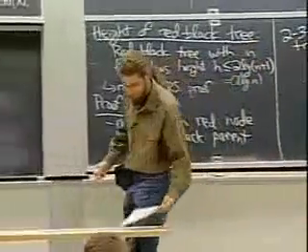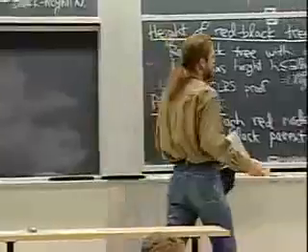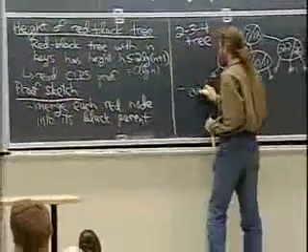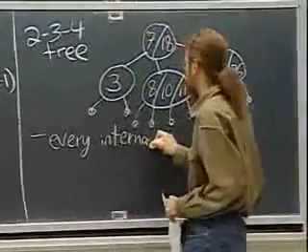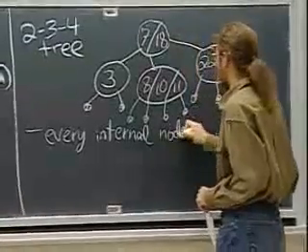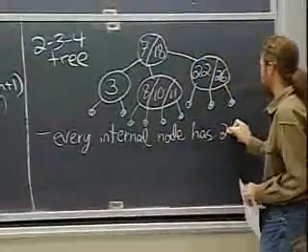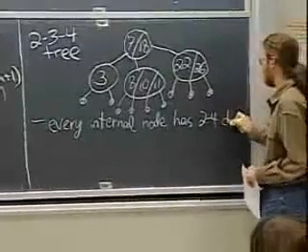Let me write down some of these properties. So every internal node has between 2 and 4 children.